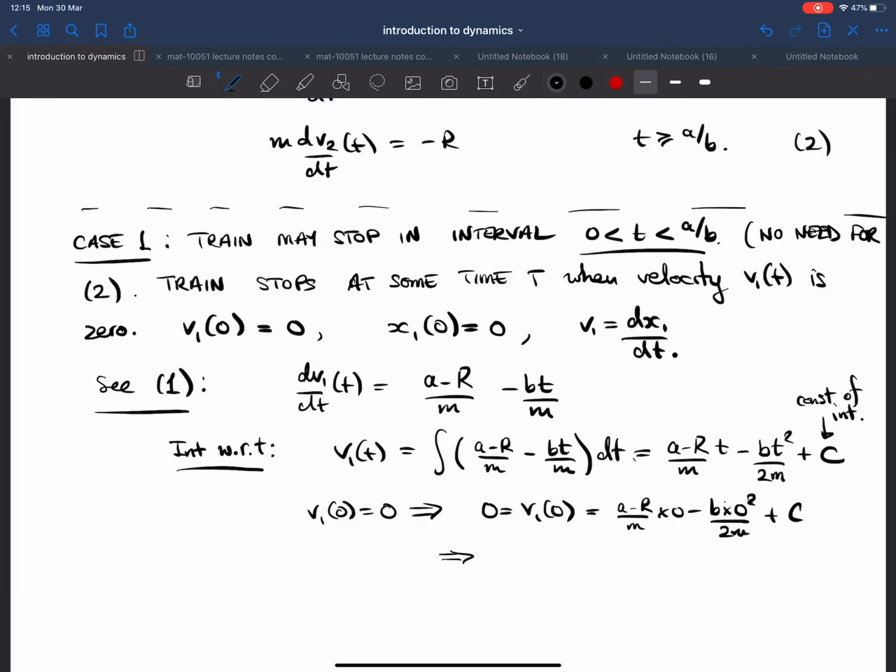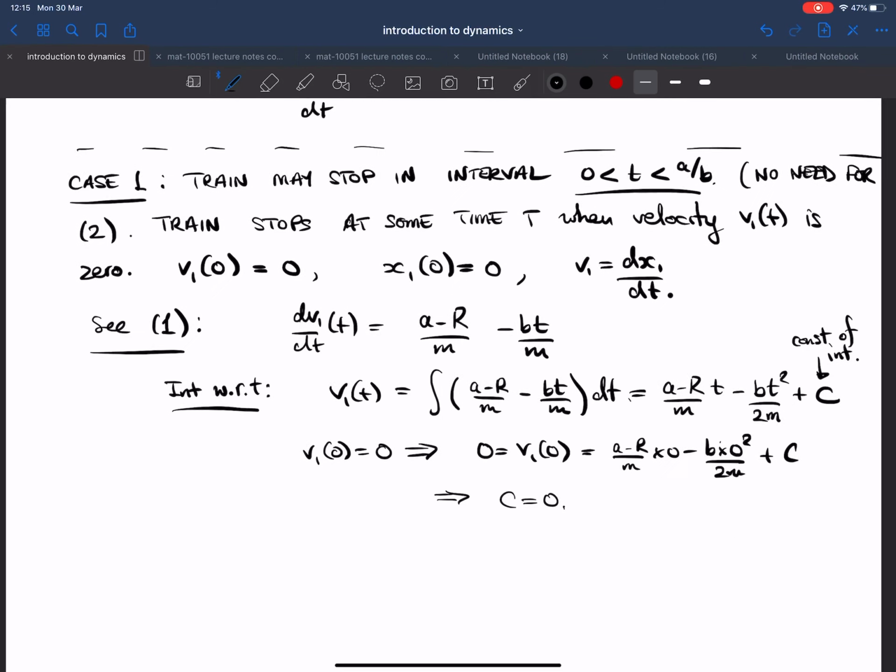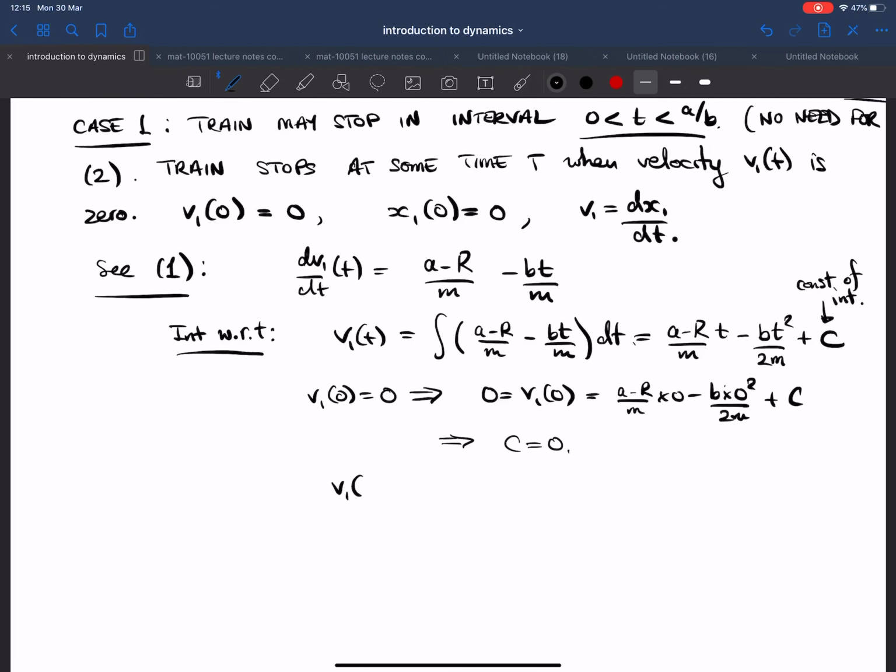So this implies c equals 0. Therefore v of t is this, given the initial condition.